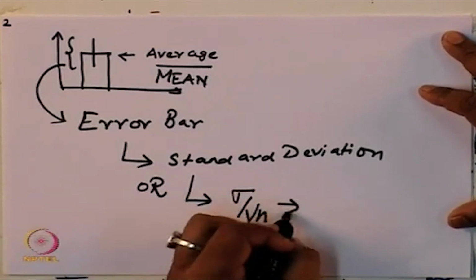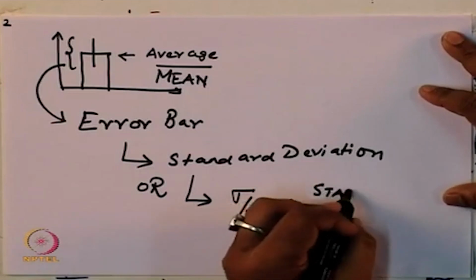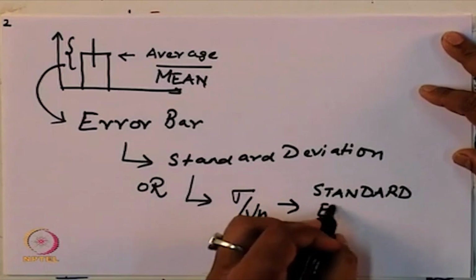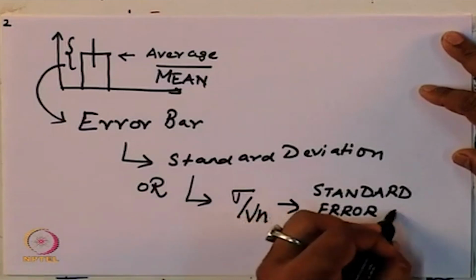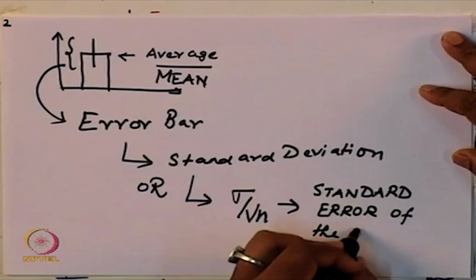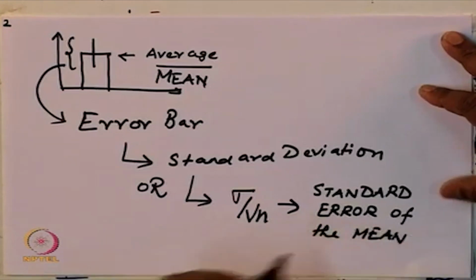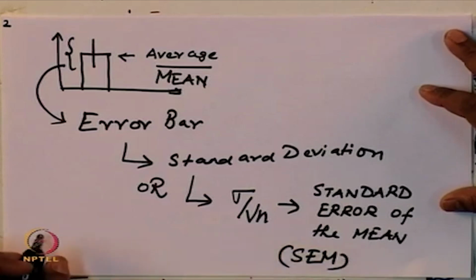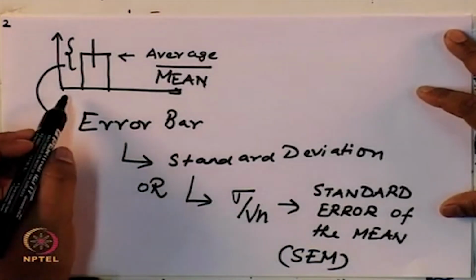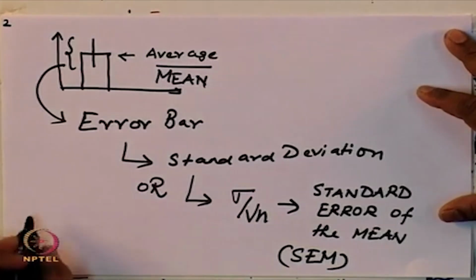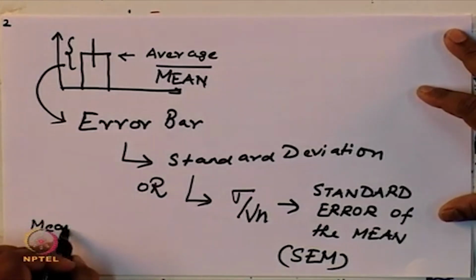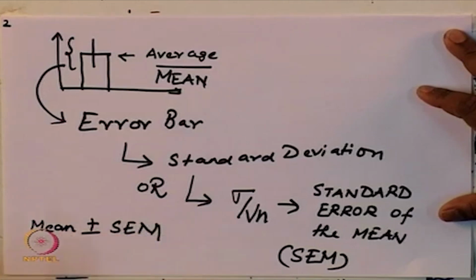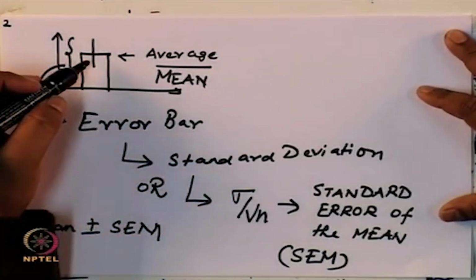This is also called the standard error of the mean, or in short, SEM. In papers or research articles, you will see data presented as mean plus or minus SEM. So, this is called the standard error of the mean.